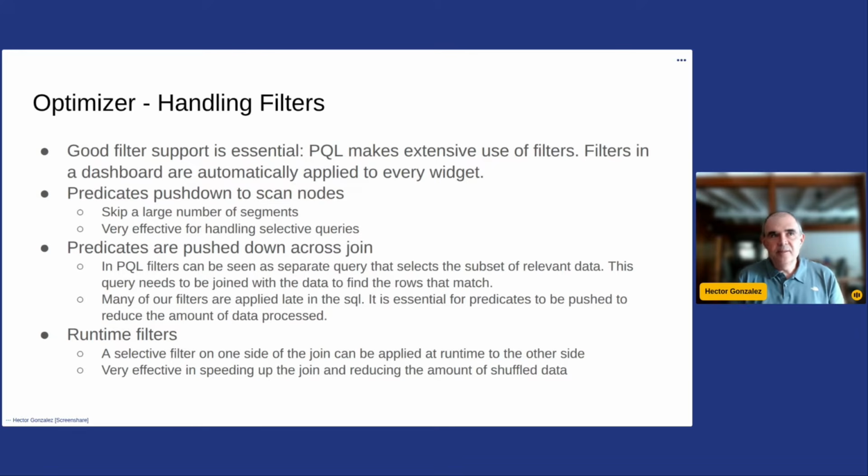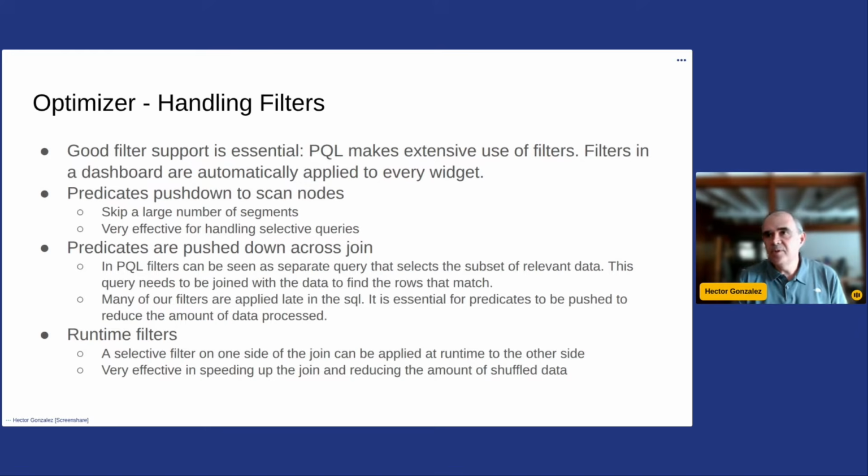We find that there is very good predicate pushdown to scan nodes, and because we push down the predicates to the scan node, we are able to skip reading a lot of the data that doesn't match the filter. And even more important than that, we are able to push down filters across joins, and this allows us to really reduce the data size that needs to be shuffled for the join.